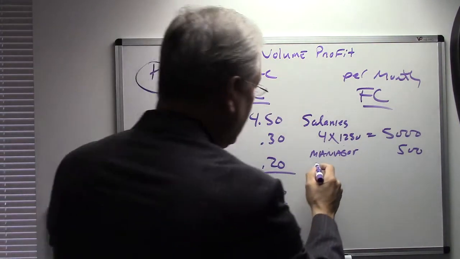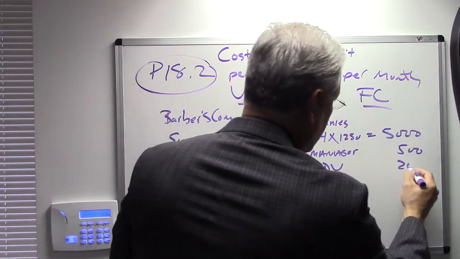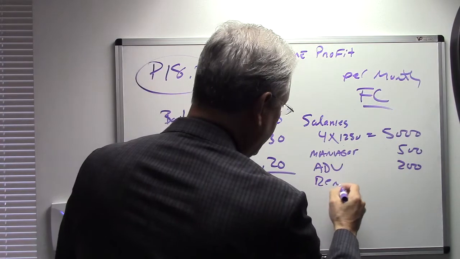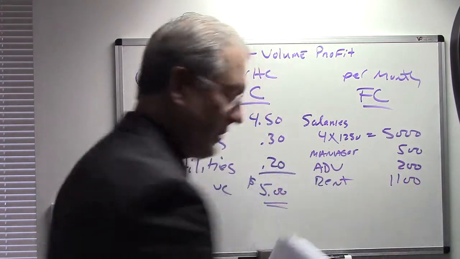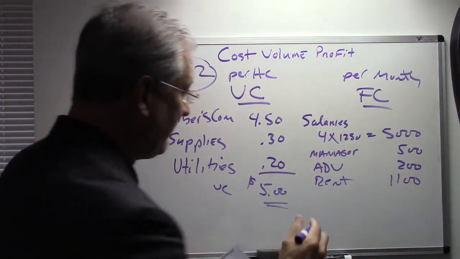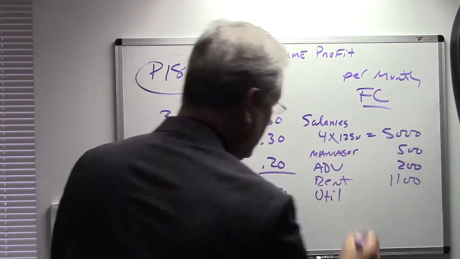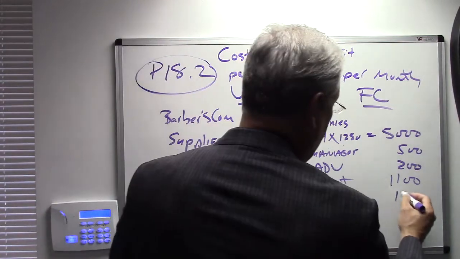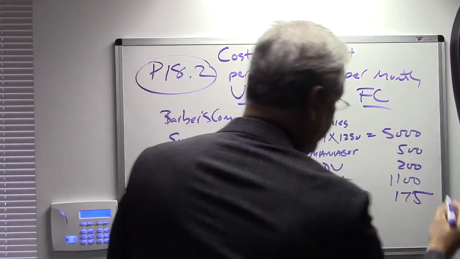We have advertising, which is $200 per month. We have rent, which is $1,100 per month. We have utilities, which is a mixed cost, remember, but this is the fixed portion of it, $175.